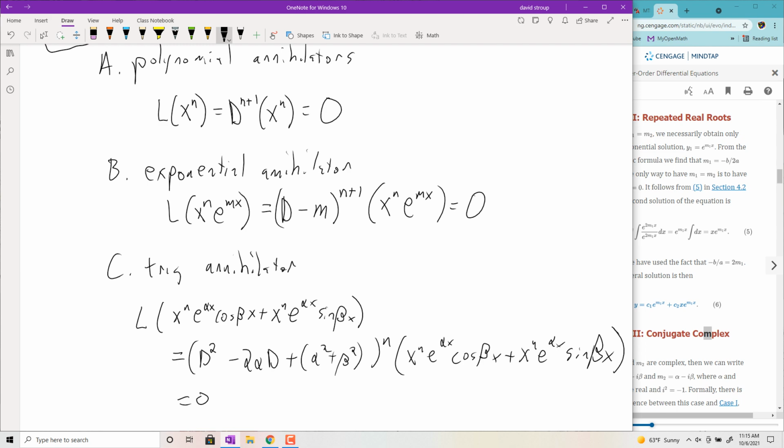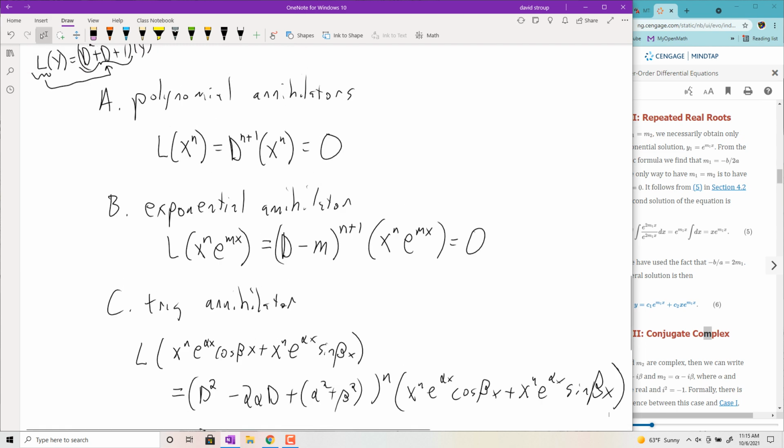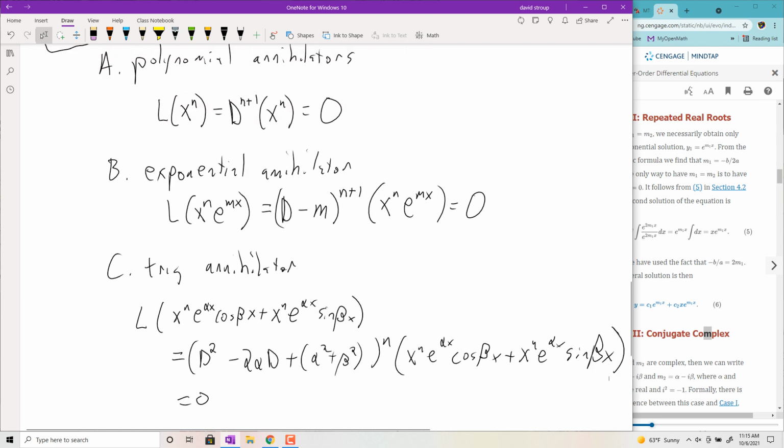The form of the operators just follows what we did in 4.3.